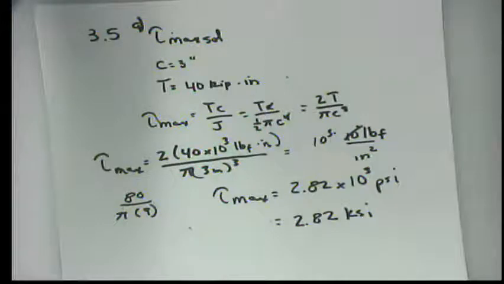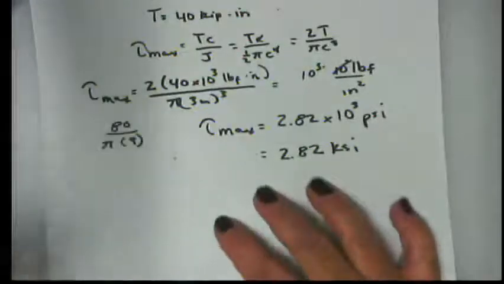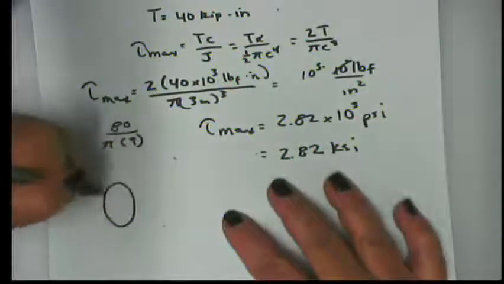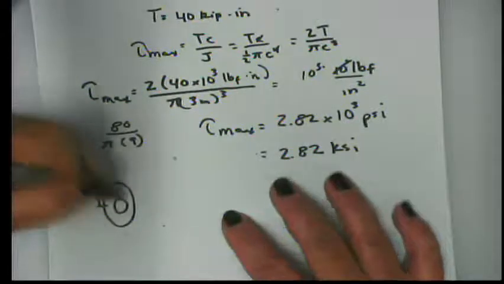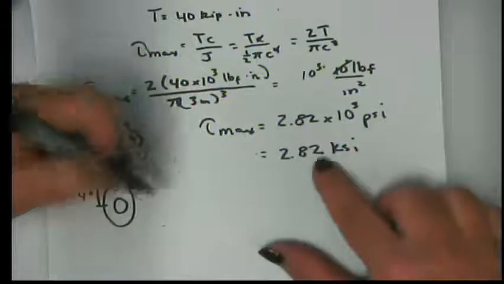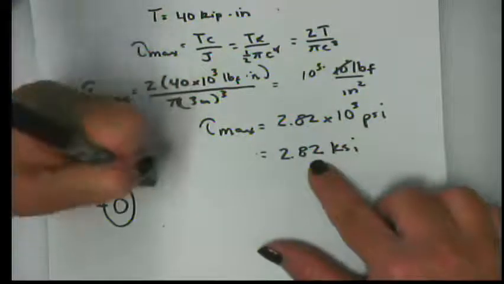Now the next part says determine the inner diameter of a 4-inch diameter hollow cylinder shown for which the maximum stress is the same as in part A. So what I want to do now is take a 4-inch diameter shaft, hollow it out, and I don't know what my inner radius is, but I want it to bear this same tau max.